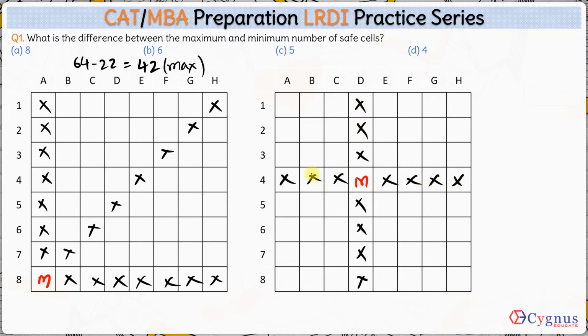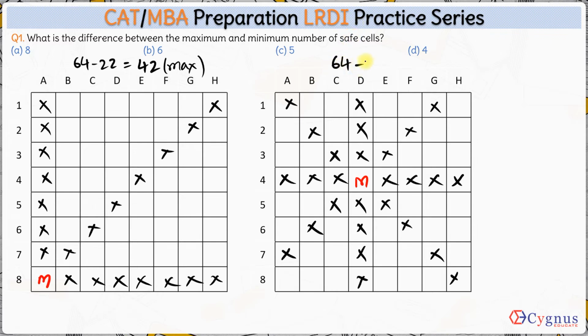So we have 7 plus 7 unsafe cells in the same column or row. 7 plus 7 is 14 plus 1 mine, which gives me 15 unsafe cells so far. Now let's count diagonals. 15, 16, 17, 18, 19, 20, 21, 22. Then you have the other diagonal 23, 24, 25, 26, 27, 28. So there are 28 unsafe cells.